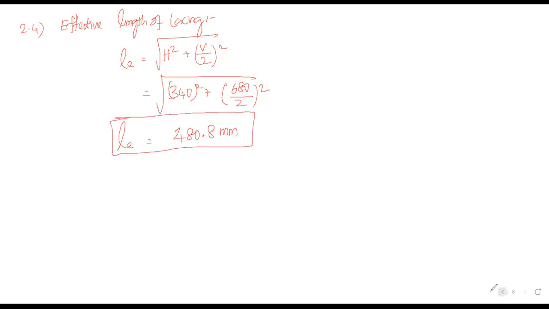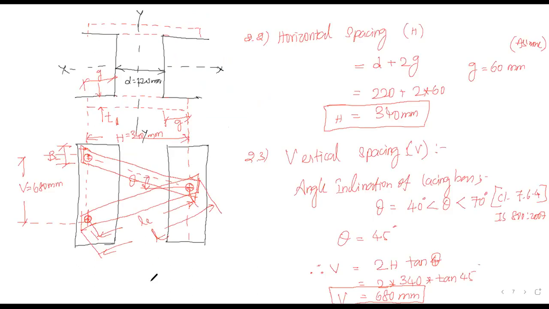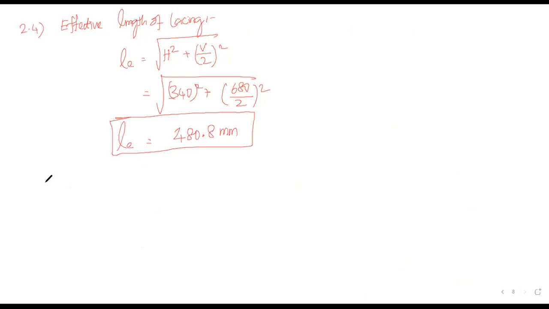So here the effective length becomes LE is equal to 480.8 mm. Now I need the actual length. Actual length of lacing bar.